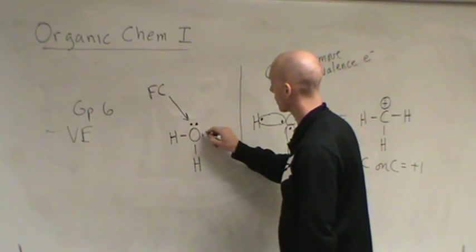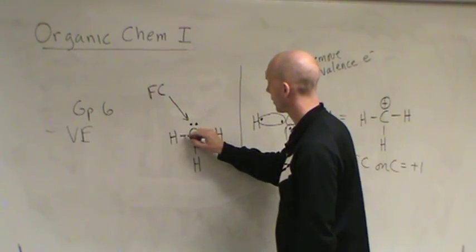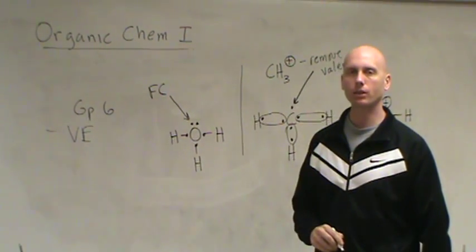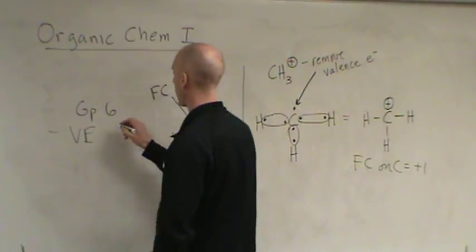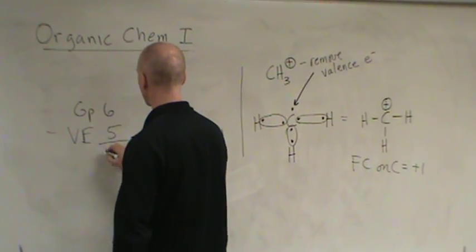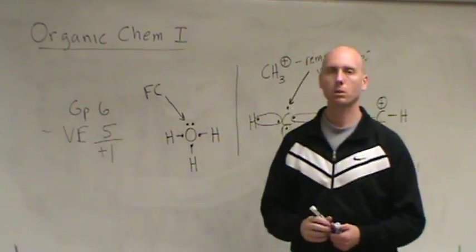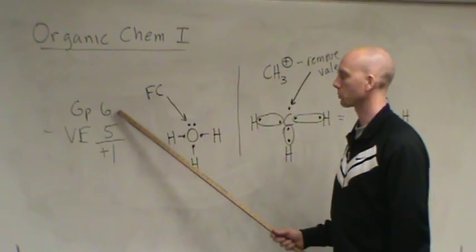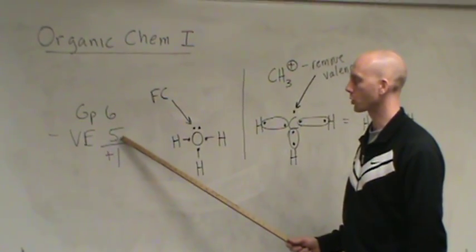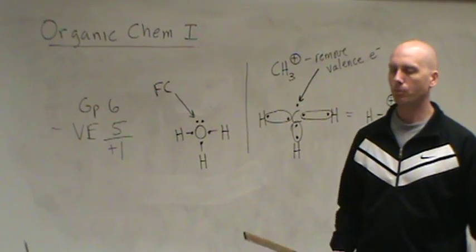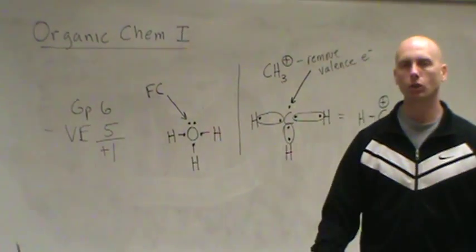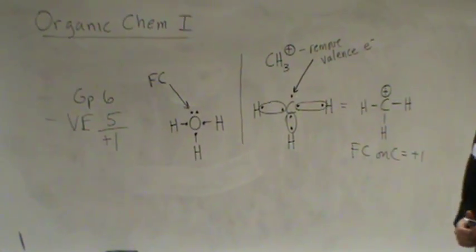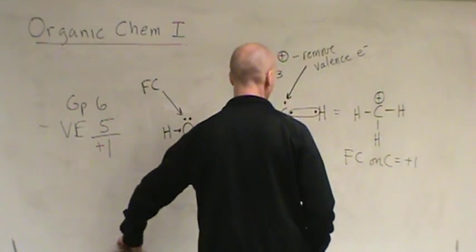Then for each bond, I'm going to count 1. So I get 1, 2, 3, 4, 5. So there's only 5 valence electrons here. So I subtract, and I end up getting +1. Okay? So in other words, my valence electrons, which it likes to have 6, I'm 1 short, so therefore my formal charge on oxygen is +1. Okay? We could have done the same thing over here to the CH3.